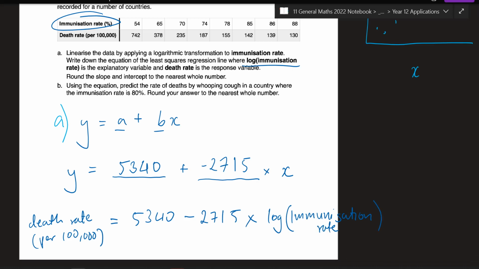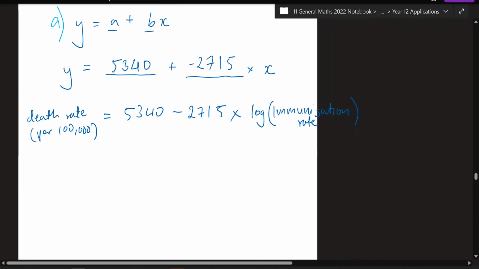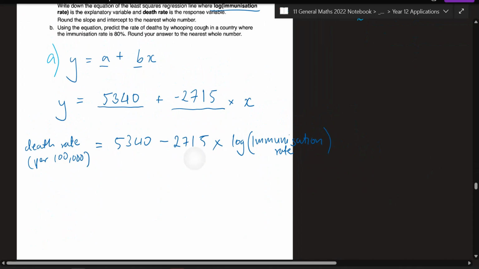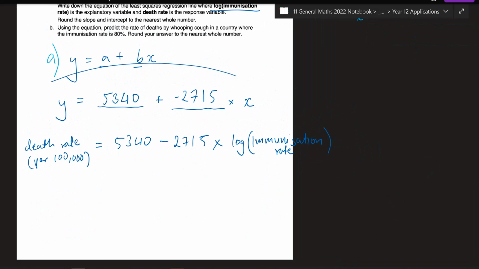Okay, and that's our formula. So now from there, it's going to ask us to use the equation to predict the number of death rates of whooping cough in a country if the immunization rate is 80. So again, just using this formula, you're going to change X, sorry, this should be log X. You're going to change the EV to 80% and see what the RV is going to be.